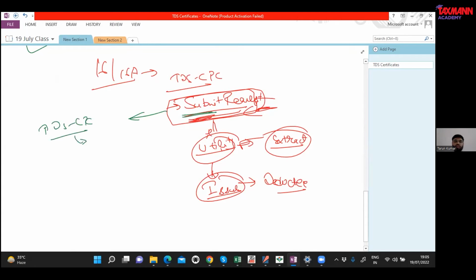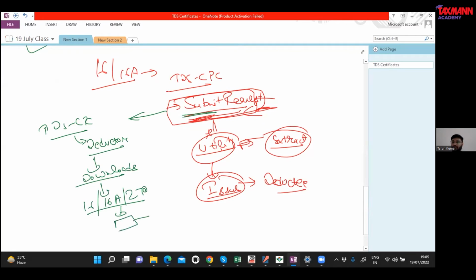Then I logged in as a deductor. Then I went to the download section. Then based on your requirement, you can select form 16, 16A or 27D. For whatever form you have selected, you need to select whether you want to download for a single deductee or for bulk deductees, right? You can select any one option.